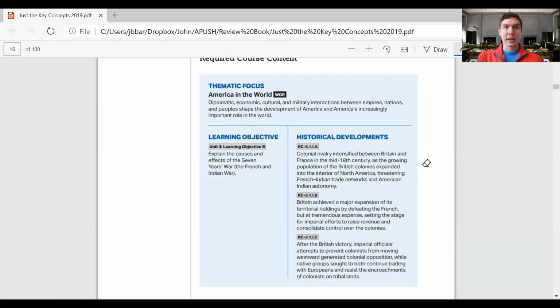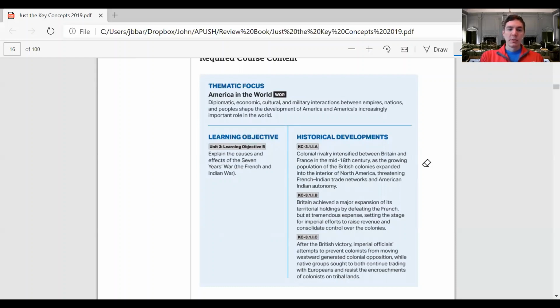As this is happening, and this conflict over who's going to have control over North America, American Indians are continuing to lose more ground. They're continuing to lose more power, and as they do that, they're just trying to keep as much as they can by working with someone in power, whether that's the French or the British.